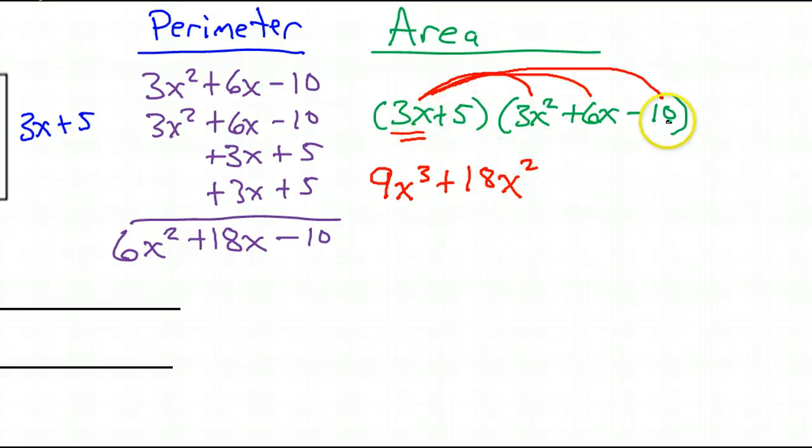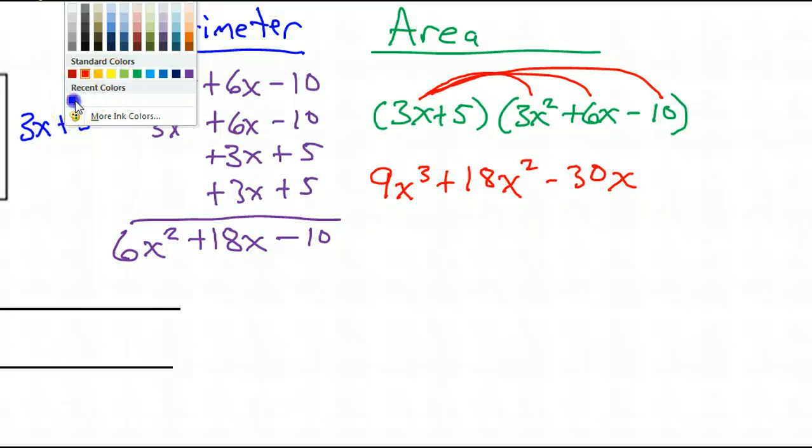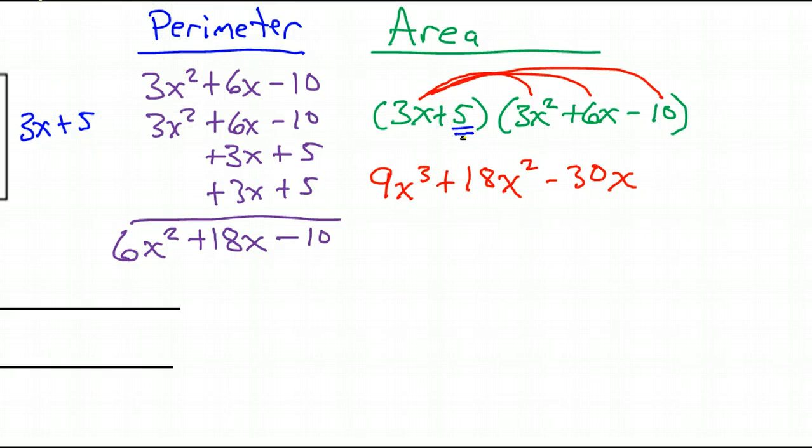And then 3x times negative 10 is negative 30x. Now we're going to switch gears. Ignore the 3x now and pay attention to the 5, because we're going to take that 5 and do the distributive property with it.